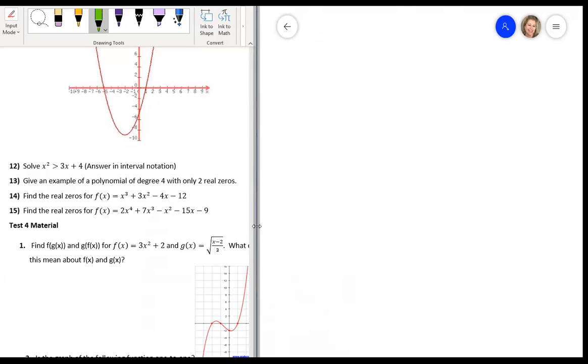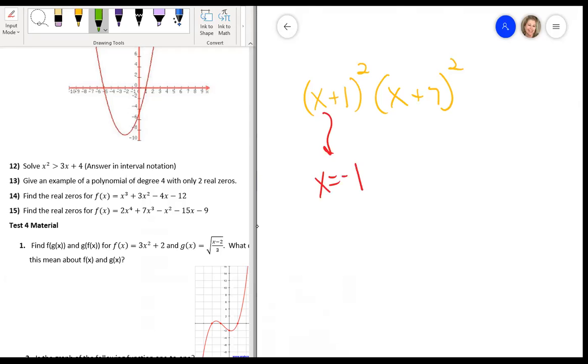But if it's a degree 4, that means the exponents on your x's all have to add up to 4. But because you can only have 2 real zeros, the easiest way to do that is to give me some binomial, x plus 1, and put a squared on it. And then give me another one like x plus 7 and put a squared on it. Because then this real number is a -1, but it has a multiplicity of 2.